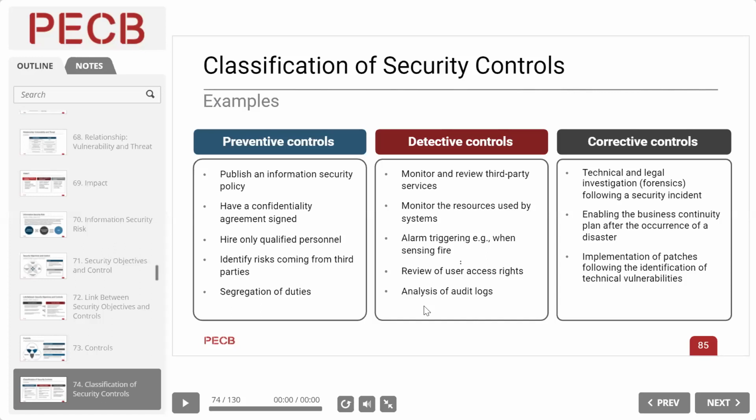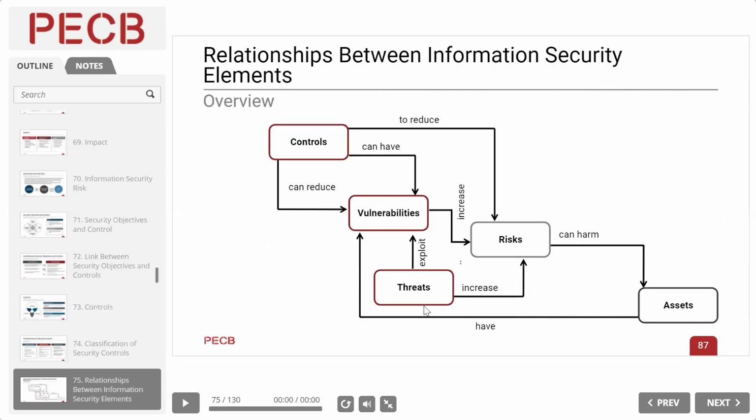Detective controls: monitor and review a third-party service, monitor the resources used by systems, alarm triggering, review of user access rights, analysis of audit logs. And then we have the corrective controls as well. These are just examples of the types of controls, and the controls that we implement fall under one or more of these classifications.